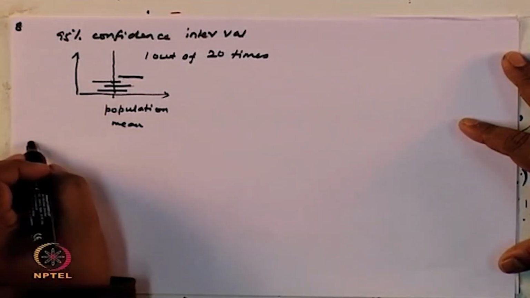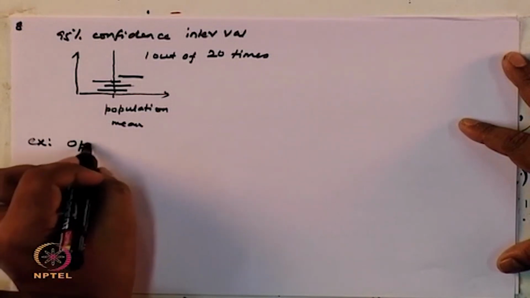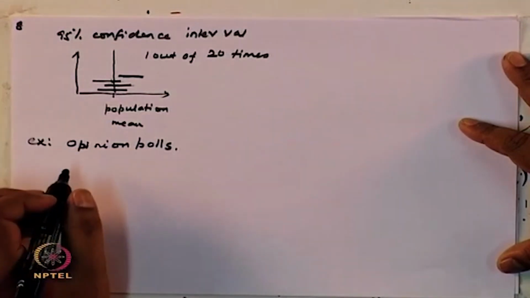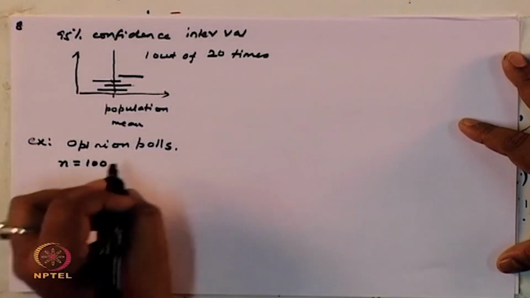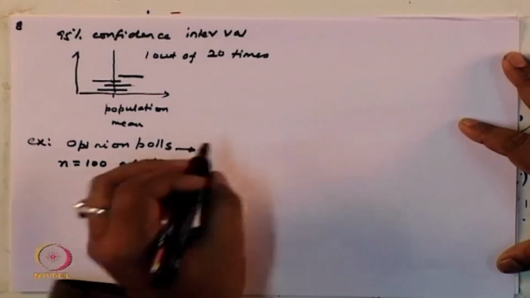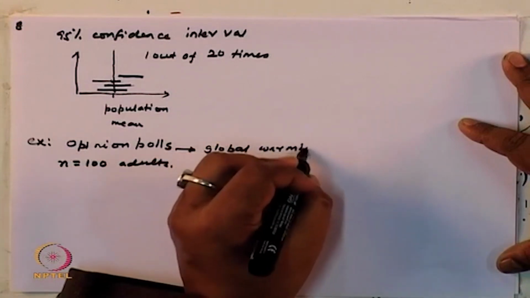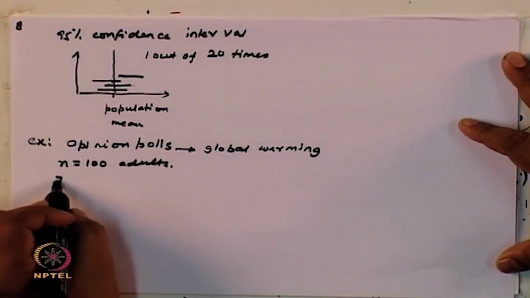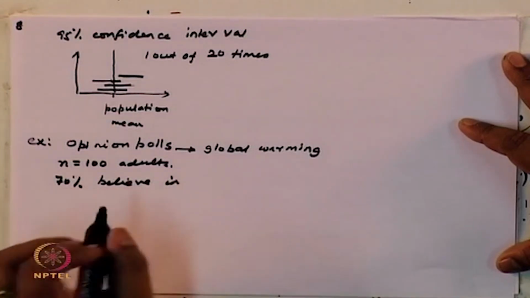Let us take another example, considering opinion polls. Let us say you have taken a random sample of 100 adults in an opinion poll about global warming, and of 100 adults, 70% believe in global warming.